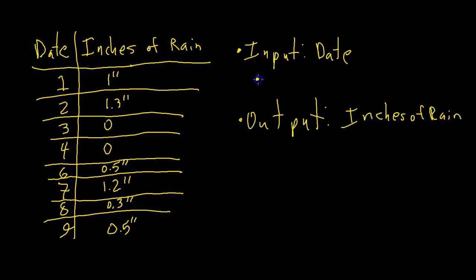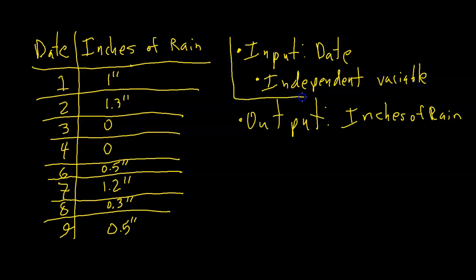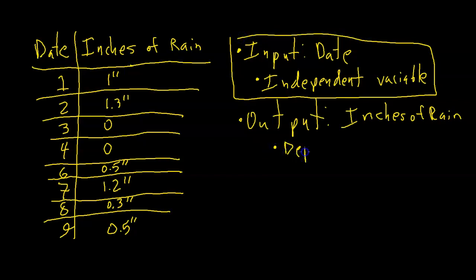So this is as good a time as any to introduce us to some new vocabulary words. The input, we call that the independent variable, that's the variable of your input. And the output, we call those values the dependent variables.